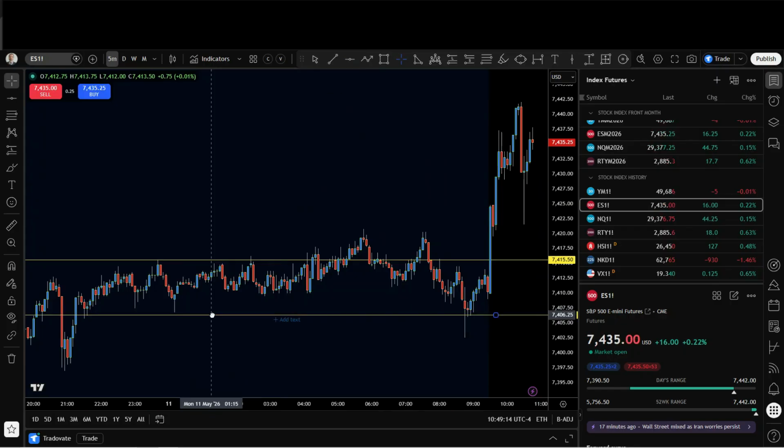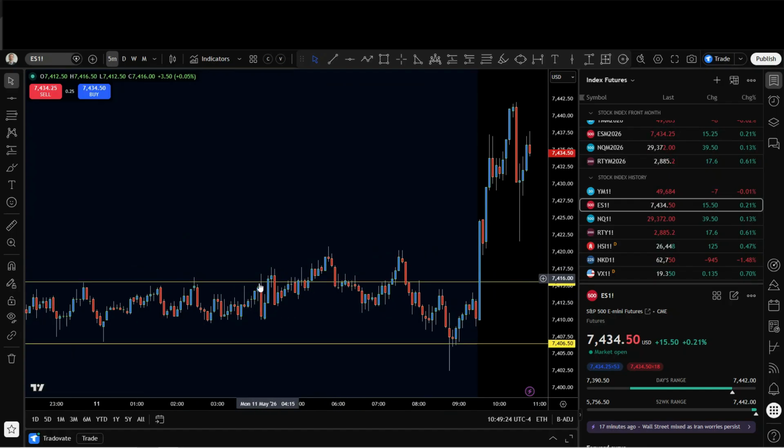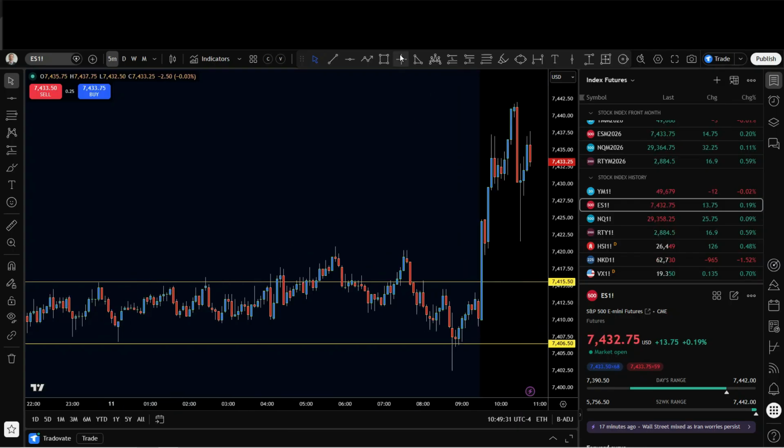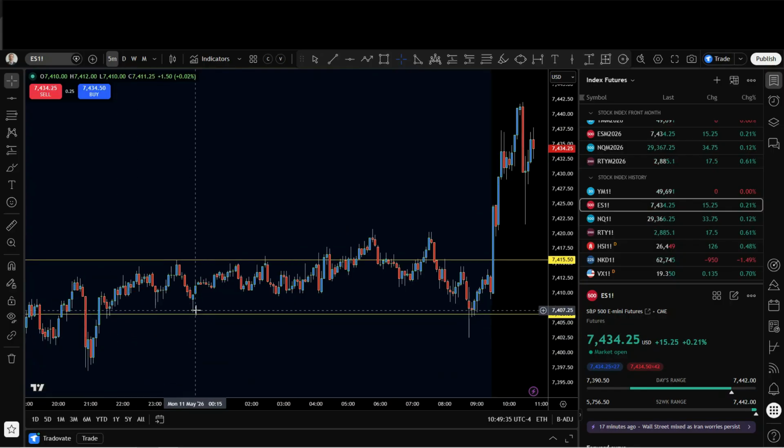Why is it down here? Because remember, the market can move three ways: uptrend, downtrend, or a range sideways. Well, right now we're stuck in a range, right? But look, the market broke above resistance here and it closed. That's your signal to buy, but you never want to buy at the high. What you want to do is place an order to buy at the closest support level possible.